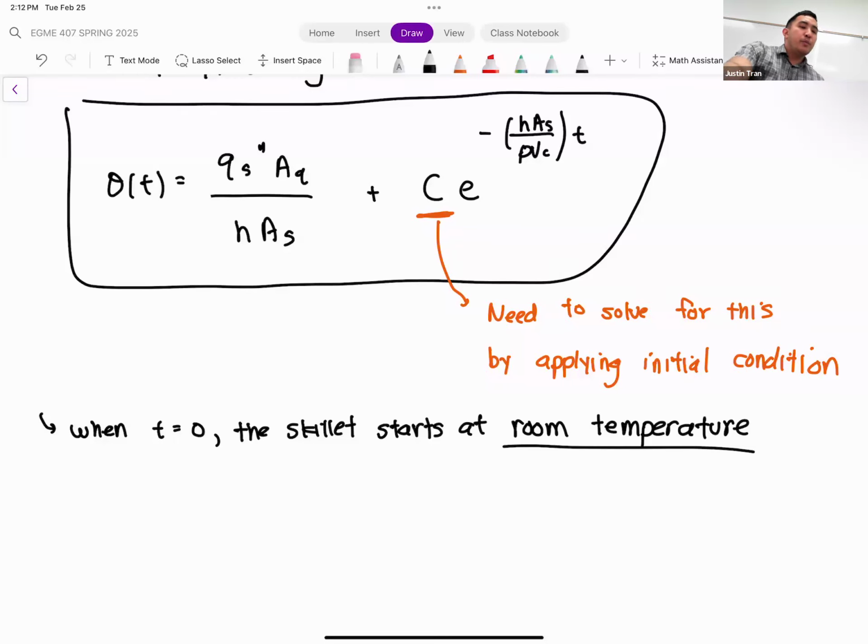Right, so that makes sense. You probably just pulled the skillet out from your cupboard, and so it's probably just the same temperature as whatever room you're in, which is also the same temperature as the air that's flowing on top of it, right?